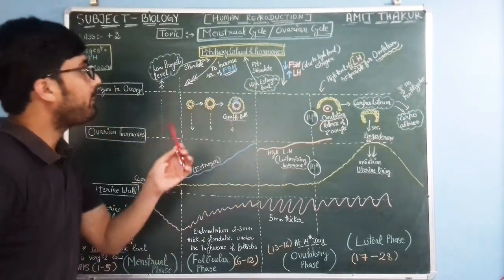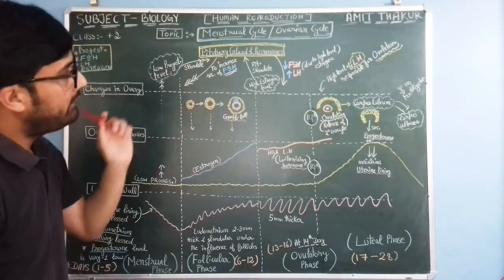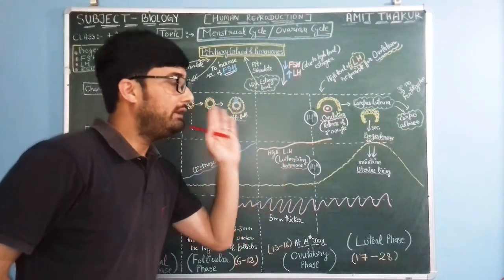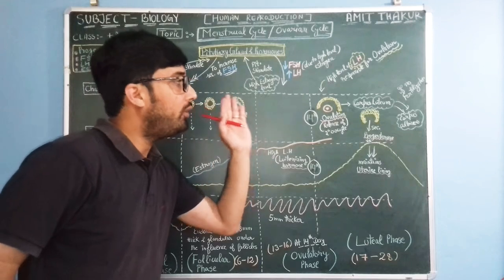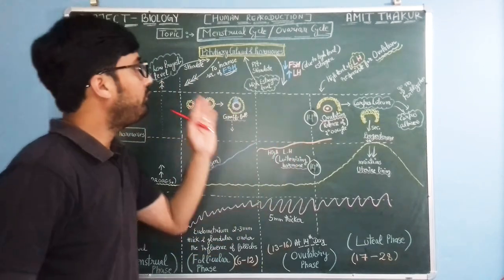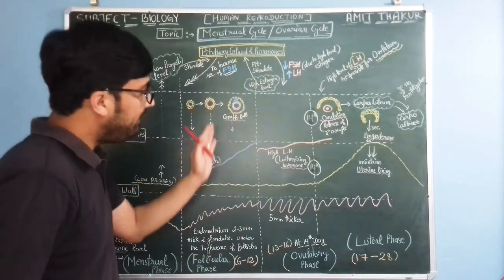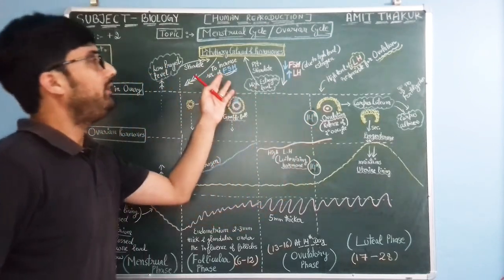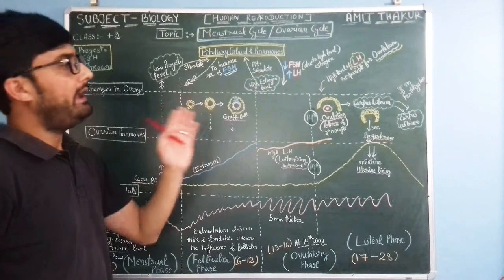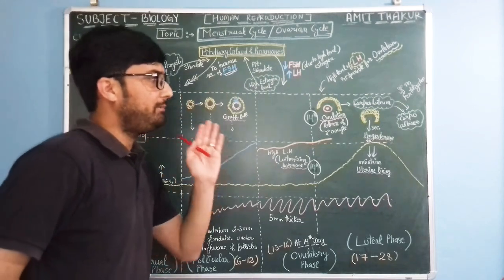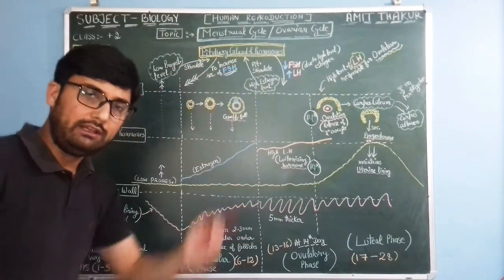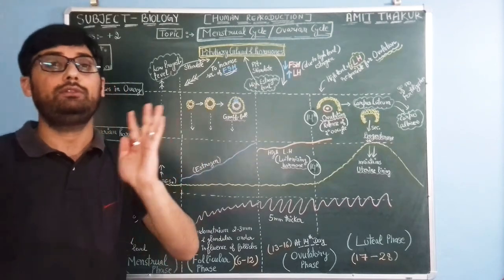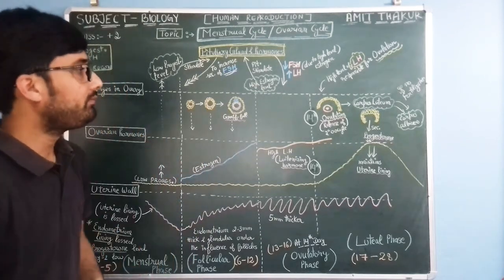Actually, one more thing, this FSH level remains high till the day of ovulation. Right from its release up to the ovulation, it remains high, and as ovulation begins, its level suddenly drops and LH level becomes very high.